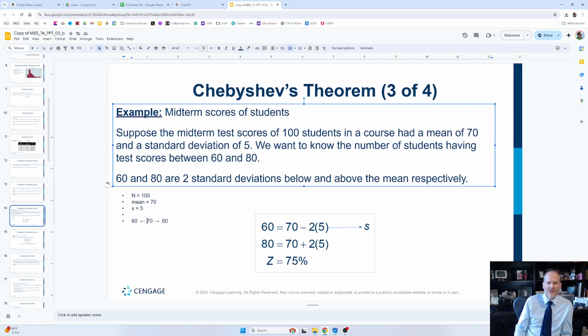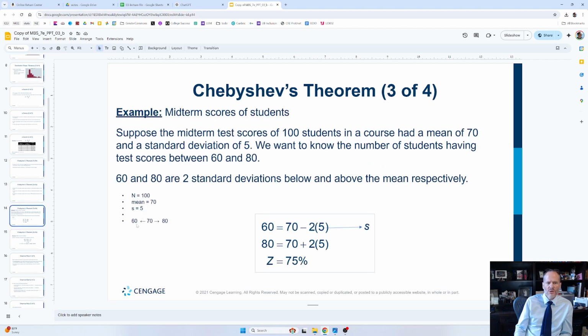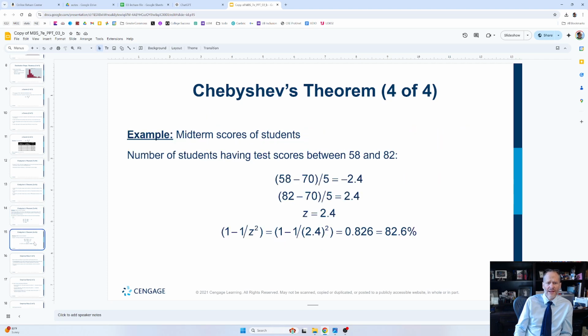So if we have 2 standard deviations on both sides of our mean, that means at least 75% of the students had a test score between 60 and 80. So down here you see the answer is 75%. Right? So that's how you would apply Chebyshev's theorem in a problem like that.